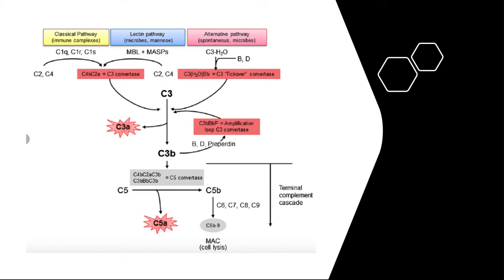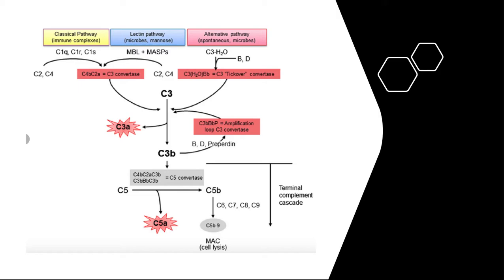The alternative pathway, which can be triggered by microbial surface molecules including endotoxin or LPS, complex polysaccharides, and other substances in the absence of antibody. And the lectin pathway, in which plasma mannose-binding lectin binds to carbohydrates on microbes and directly activates C1.